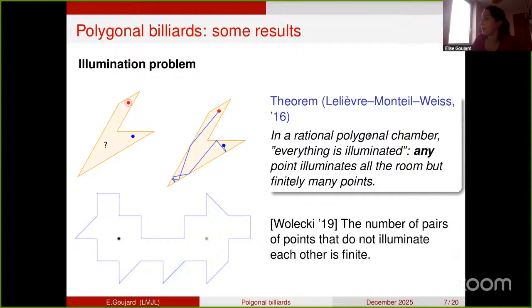And the result that any point illuminates all the room is due to a breakthrough result by Eskin, Mirzakhani and Mohammadi that I will mention later. So this is really a strong result in this field: the fact that you are able to say something for any point in any rational polygonal chamber.